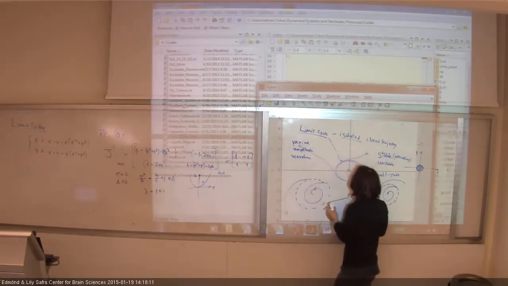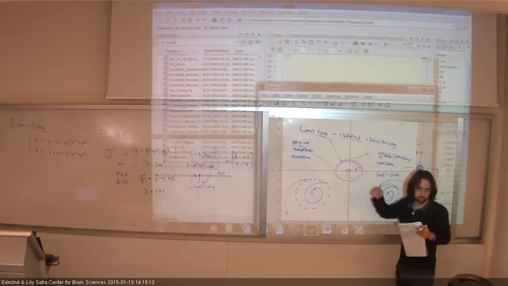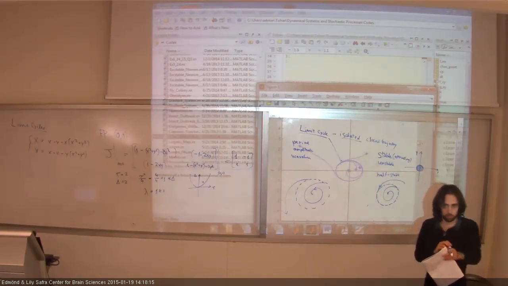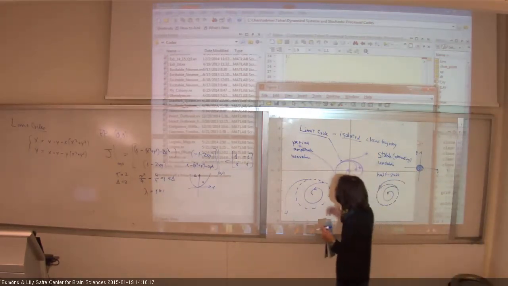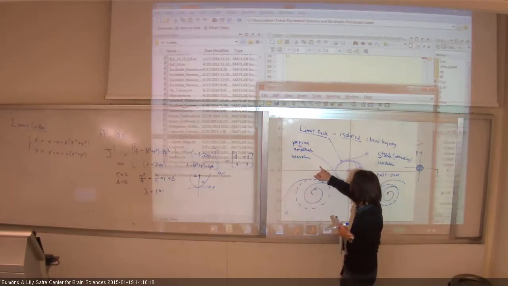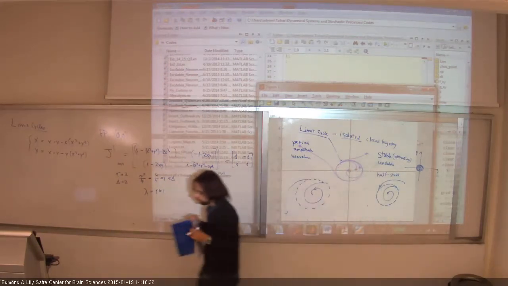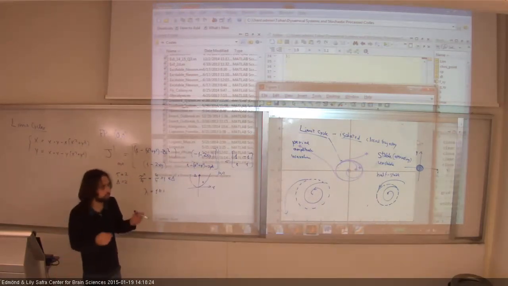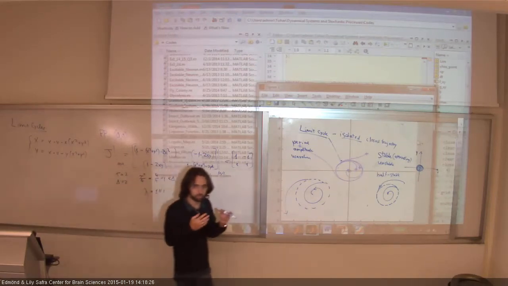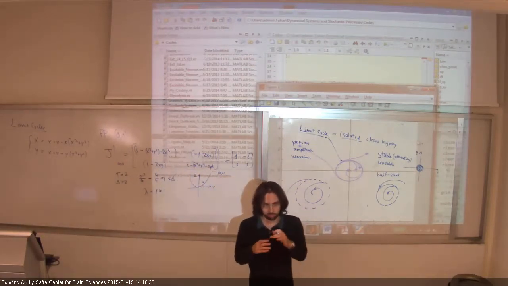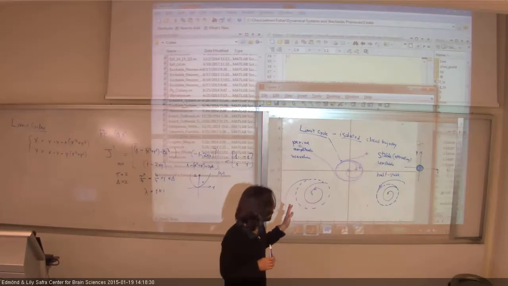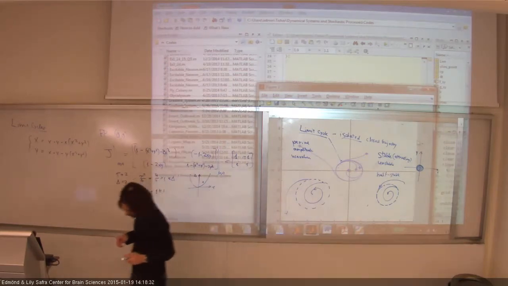So if this were not a circle, that would be an ellipse. Sorry, the limit cycle doesn't need to be a circle or an ellipse. It can be some very curved structure in the phase space. And we'll see that actually with the next example, so I won't go into that.